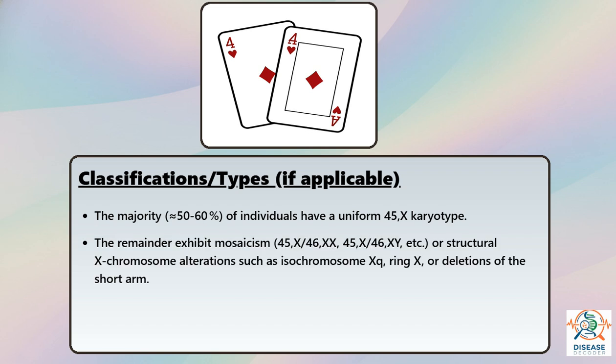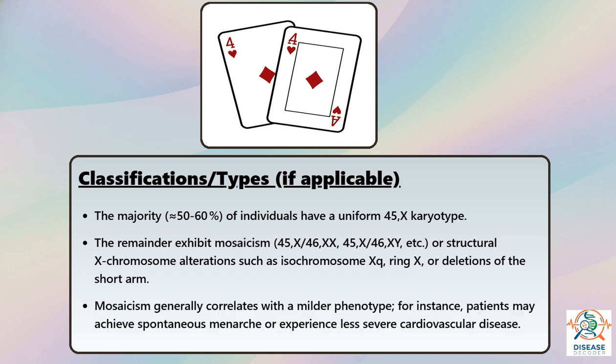The remainder exhibit mosaicism, 45,X/46,XX, 45,X/46,XY, etc., or structural X chromosome alterations such as isochromosome Xq, ring X, or deletions of the short arm.